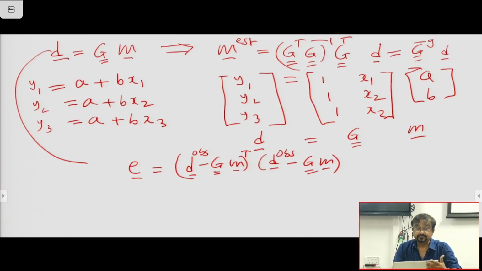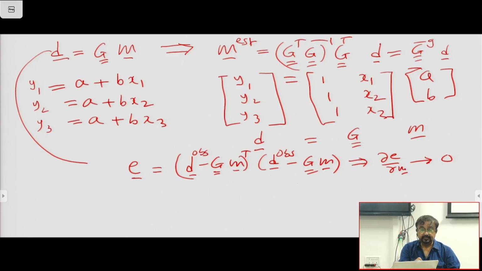And we calculated del E del M, and set that equal to 0, and that gave us the least square solution.